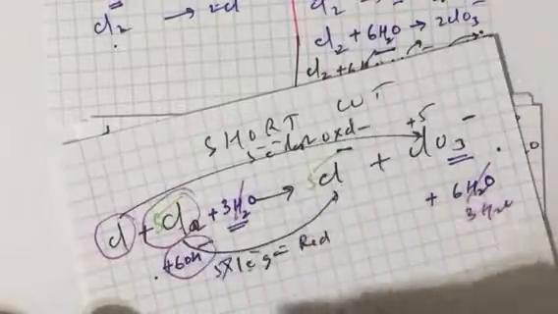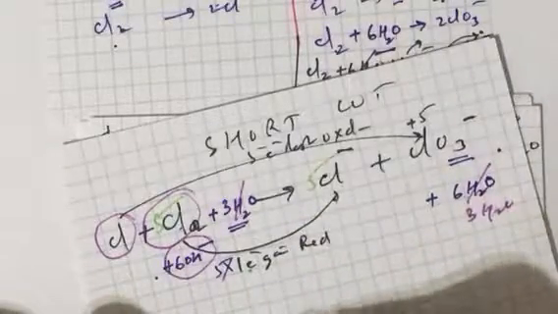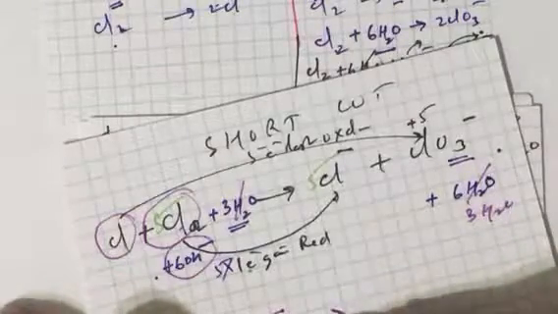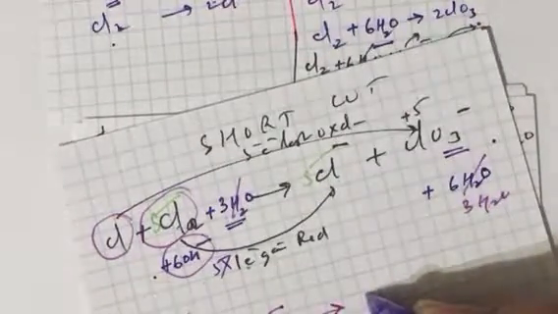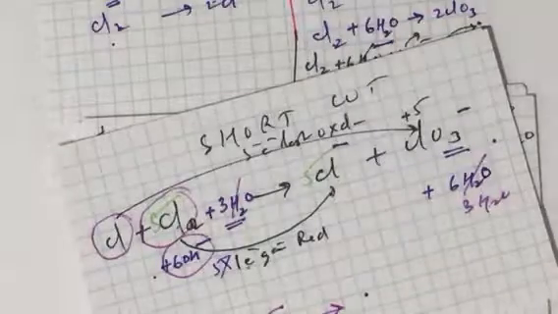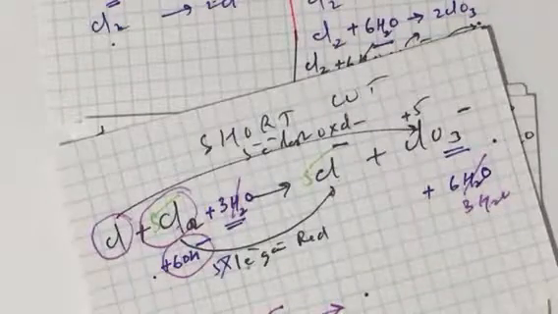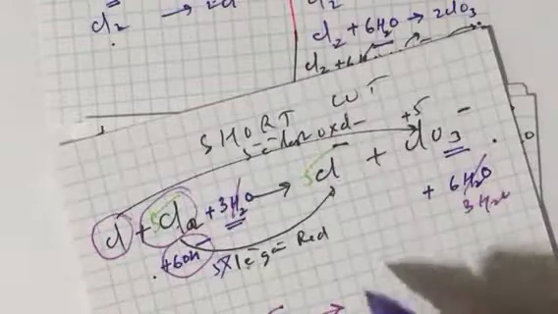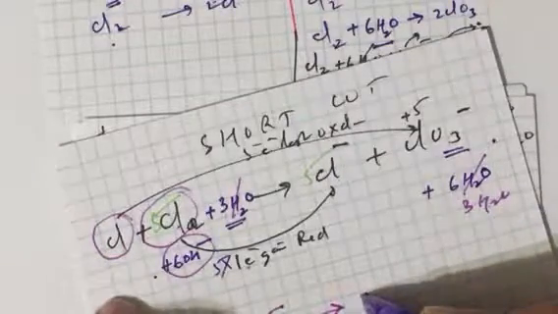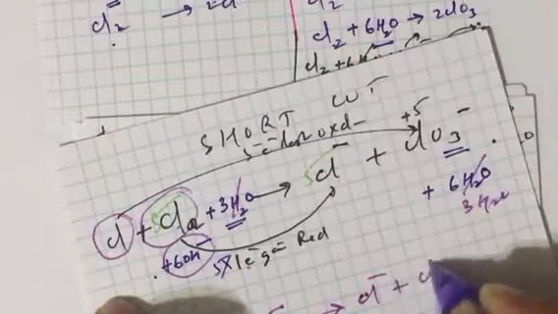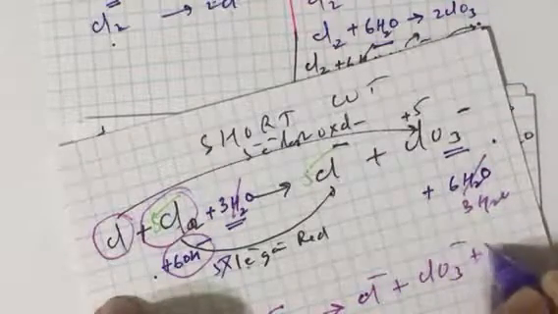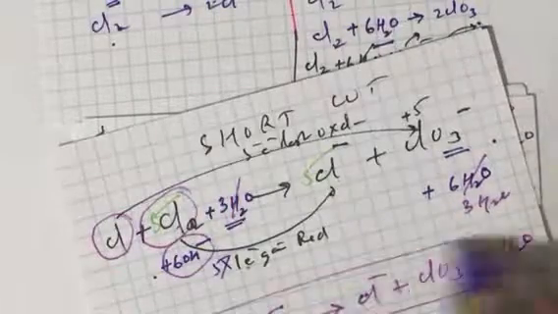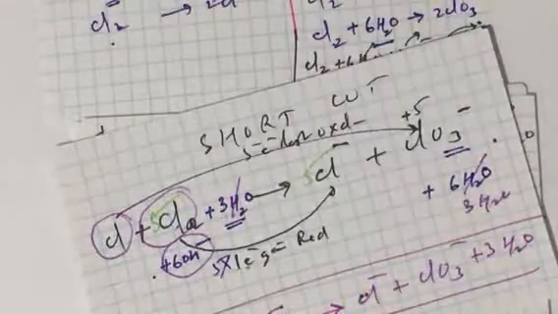Here you have 6 OH minus, okay, gives Cl minus plus ClO3 minus plus 3 H2O. This is the shortcut method. Okay, better go for this. Anyway, good luck.